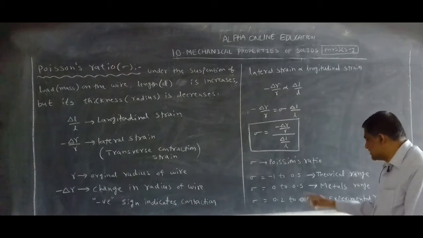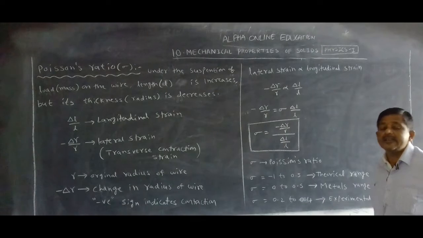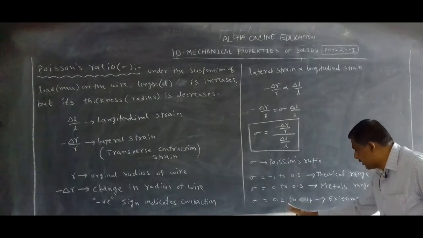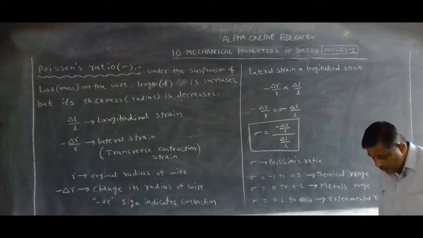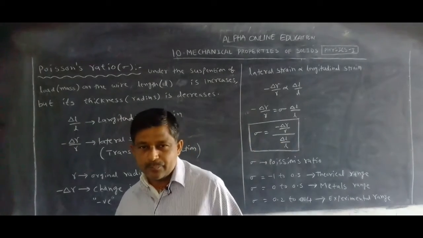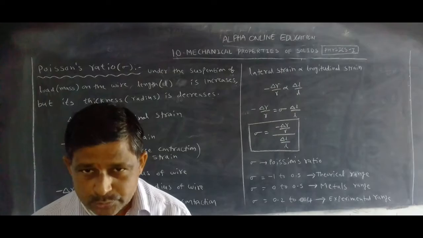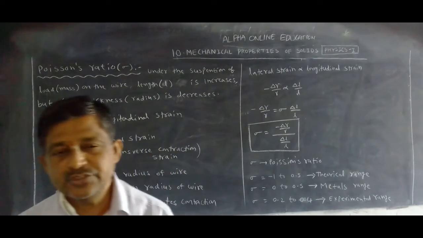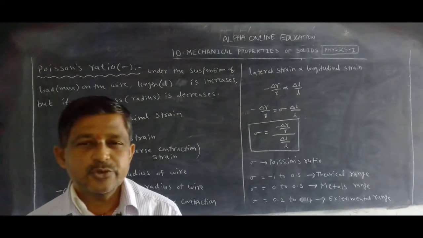But experimentally, we get the sigma value as 0.2 to 0.4. Theoretical is minus 1 to 0.5, for metals 0 to 0.5, and experimental 0.2 to 0.4.